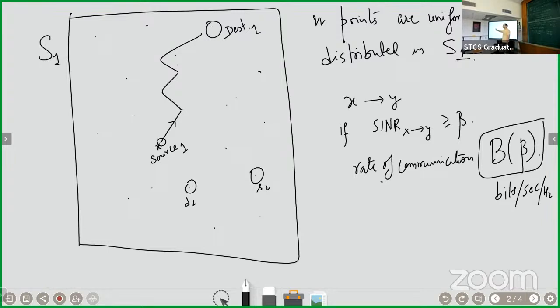Essentially, it's excluding a certain area from having some other transmitter. That's all it's really doing. The protocol model is explicit: if I'm transmitting to somebody here, there can't be anybody else in this part who can also be transmitting at the same time. So can you make a simple geometric argument to say how large the possibility is, or how many simultaneous transmissions can happen at the same time?